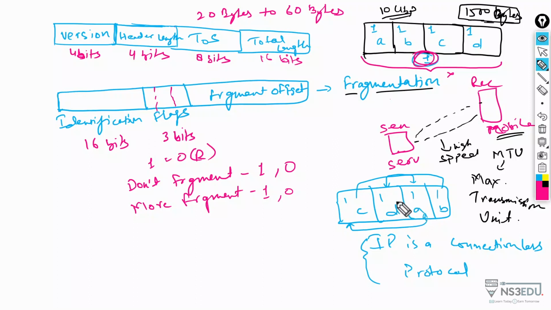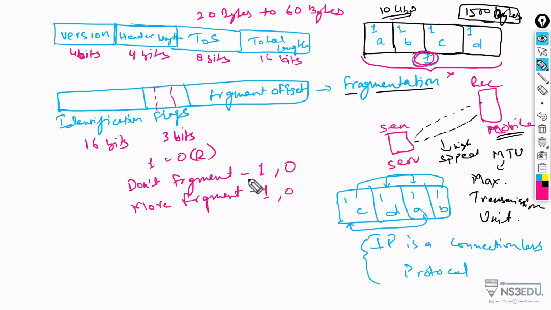If 1D got received and it has this more fragment bit on, then it means that the mobile phone needs to be on hold, or wait some time before it receives the next packet. That is the meaning of this statement.